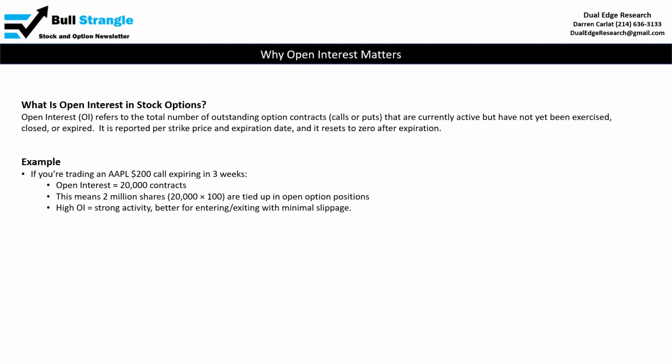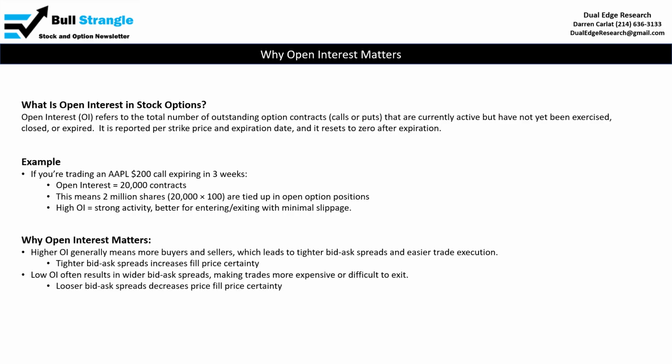So why open interest matters really ties to the slippage that I just mentioned. Higher OI generally means more buyers and sellers, which leads to tighter bid-ask spreads and easier trade execution. So tighter bid-ask spreads increase price fill certainty. In other words, before you enter a trade, you pretty well know exactly what price you're going to get filled at if it's got a very tight bid-ask spread.